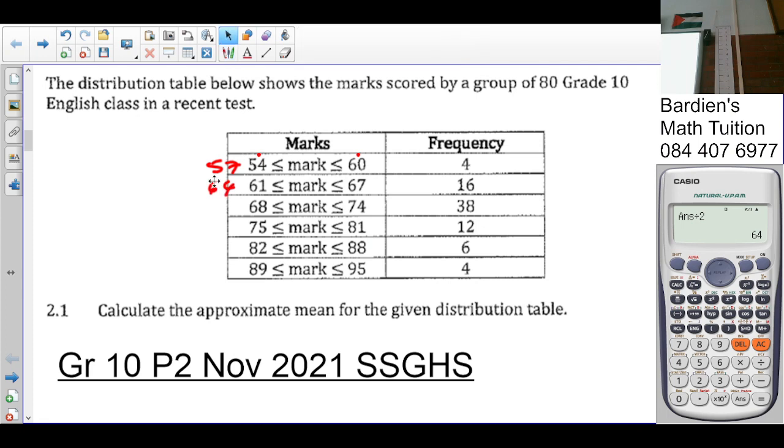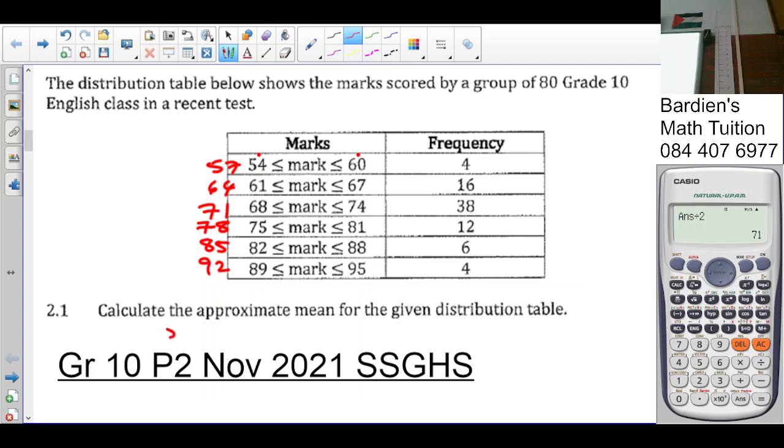The next one, 68 plus 74 divided by 2, is 71. In other words, I'm adding 7 all the time, not so? So the next one is going to be 78, the next one is going to be 85, the next one is going to be 92. Is that correct?